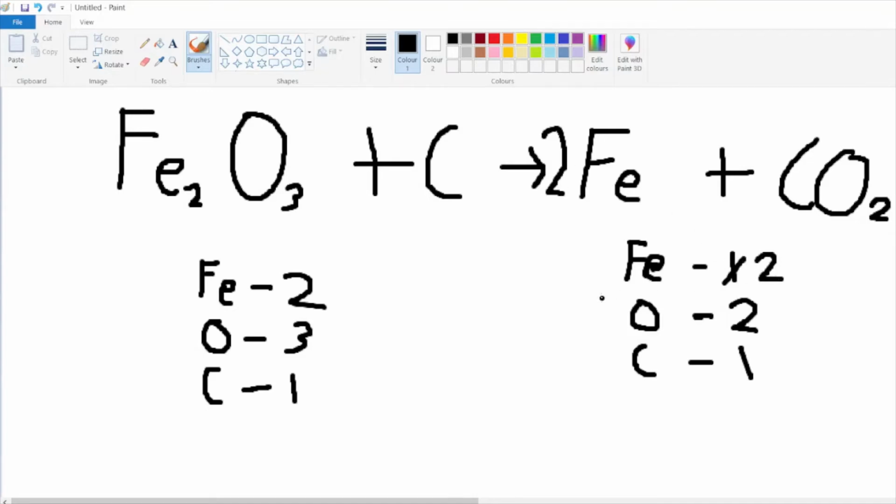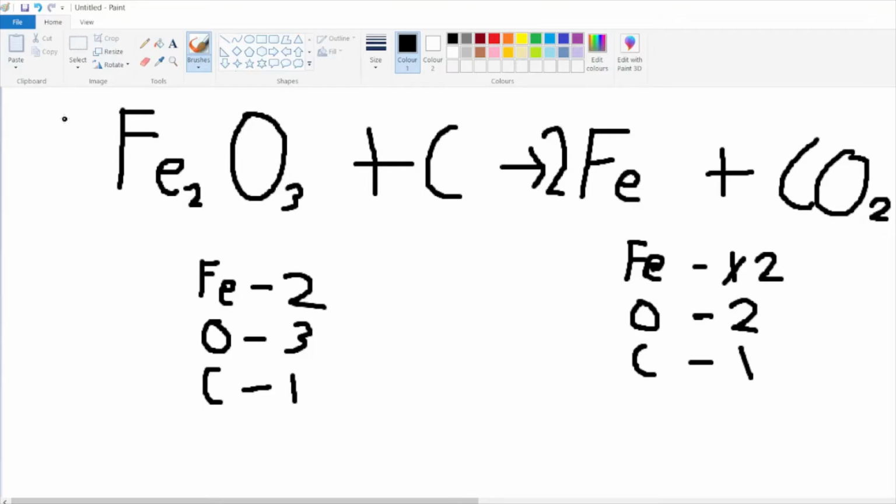So the ions are balanced. And now here's quite an interesting one, because we have 3 oxygens on this side, but 2 oxygens on this side. Now we need to make them equal, but we can't have 1.5 moles. Mole ratios have to be whole numbers, just like ratios in maths. So we have to times this one by 2 and this one by 3.